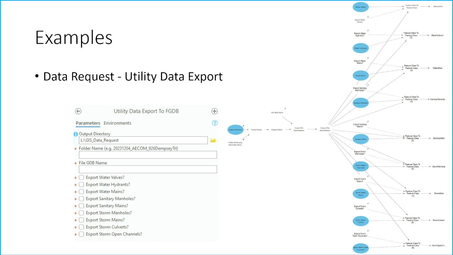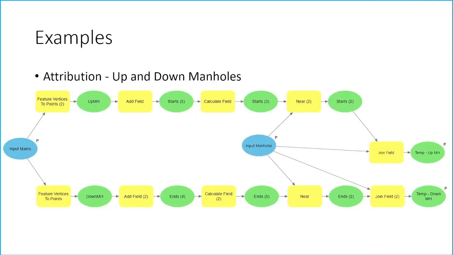But if I need a whole neighborhood and I need all the utilities, I'll check all of these, but I'll have a selection just for that neighborhood of my features in Pro. And so all of these will just export the selected, but all of them will run if I check all of these. So hopefully I'm giving you some real world examples of how you can interface between Pro and your models and different ways you can set those up.